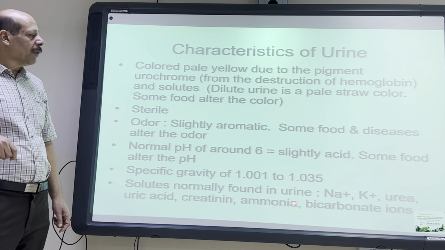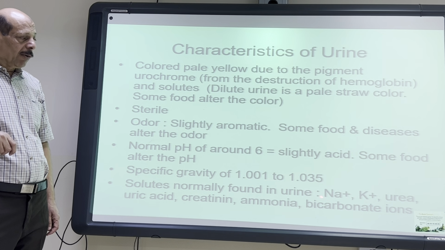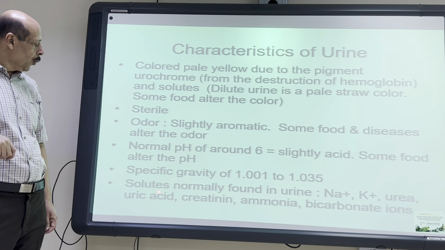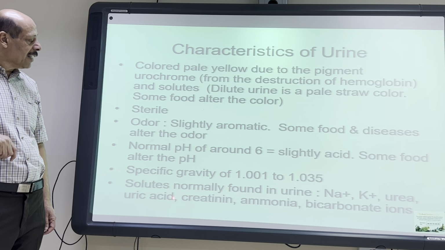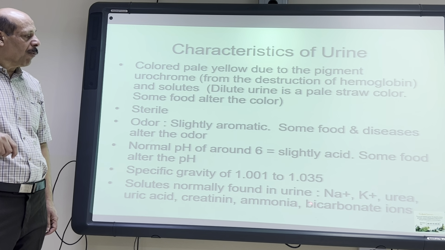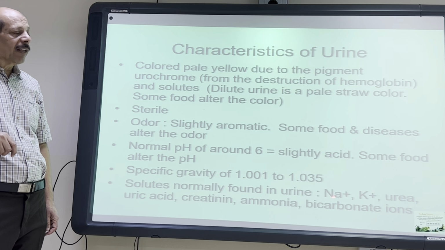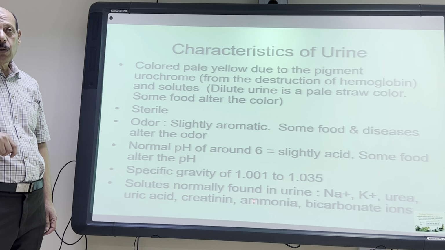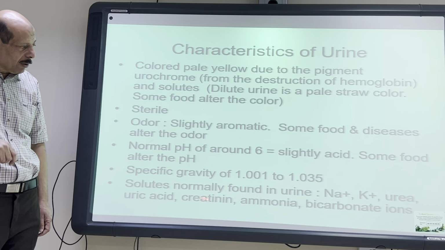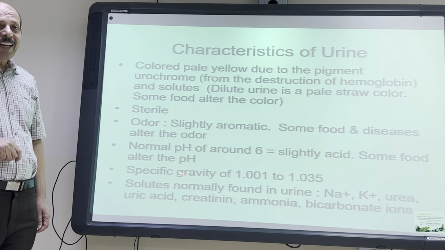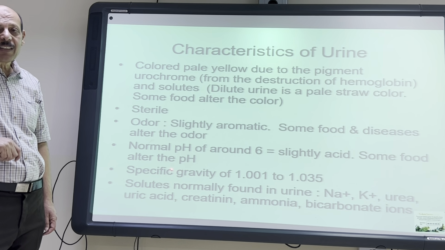Solutes normally found in the urine: mostly we will find sodium, potassium, urea, uric acid, creatinine, ammonia, bicarbonate ions. So those are the most common substances present in the urine.